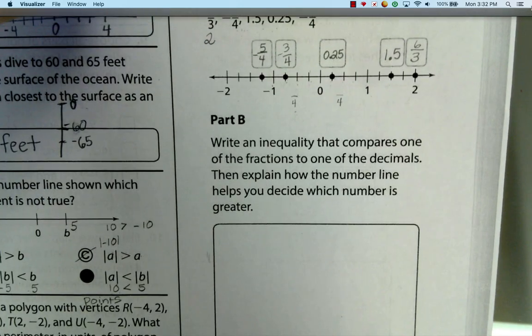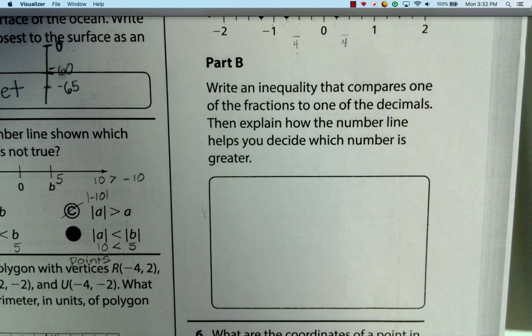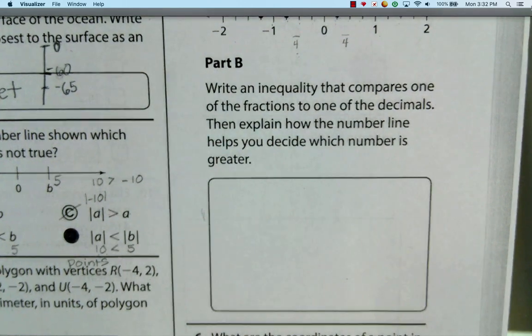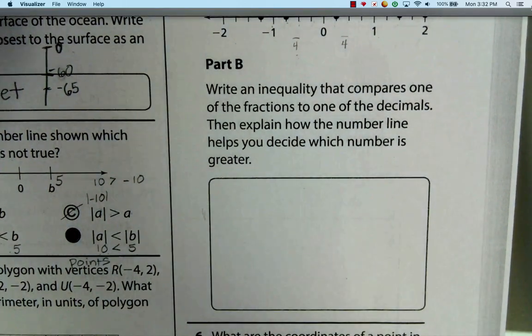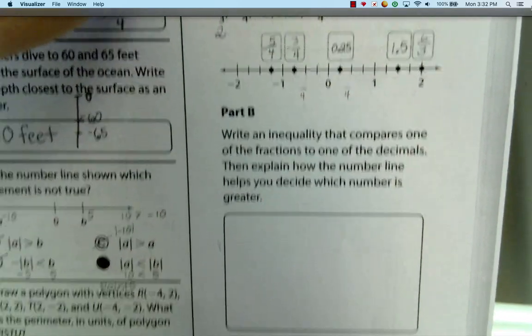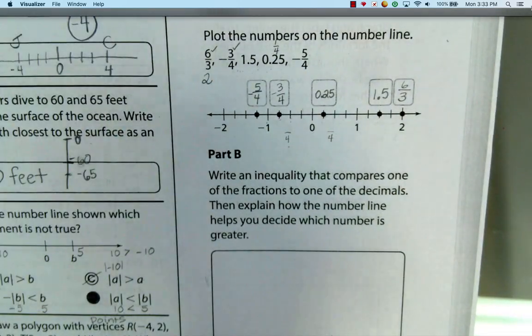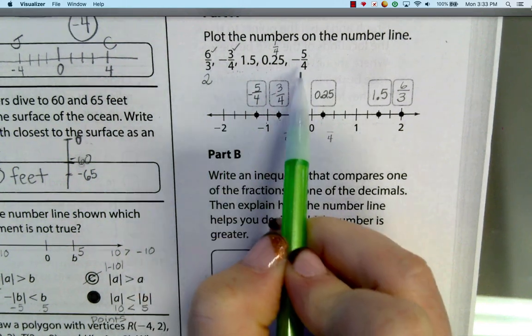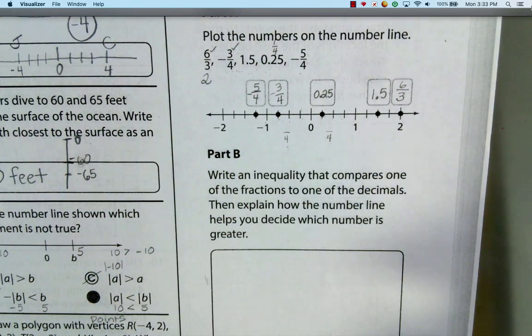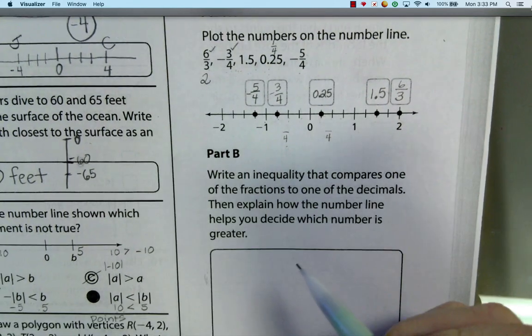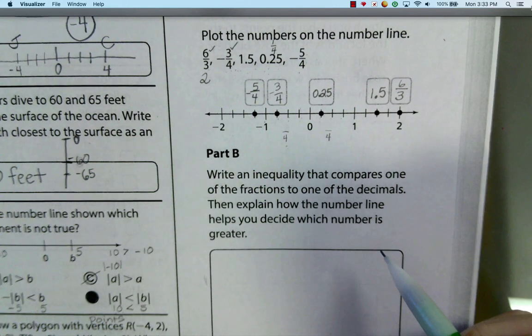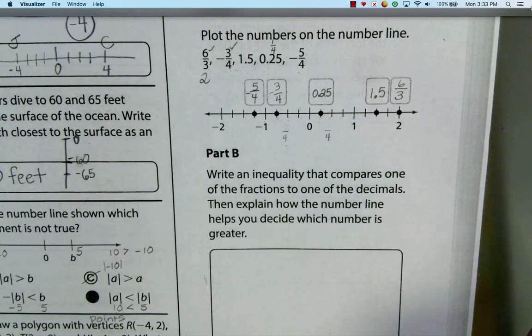And the next question is to write an inequality that compares one of the fractions to one of the decimals. Oh my. So you got to pick, listen carefully, you got to compare one of these fractions to one of these decimals, okay? Then explain how the number line helps you decide which number is greater, okay?